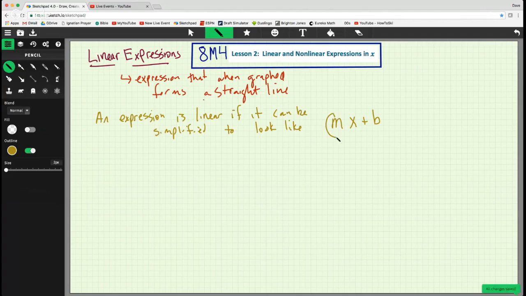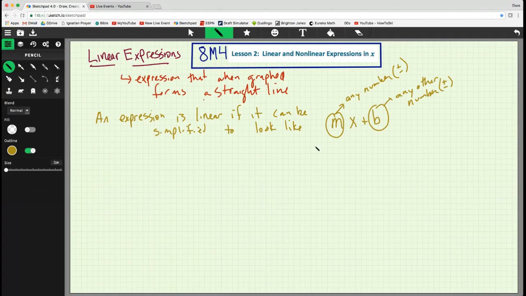So m is any number, and b is any other number, and these could be positive or negative numbers, because numbers can be positive or negative.